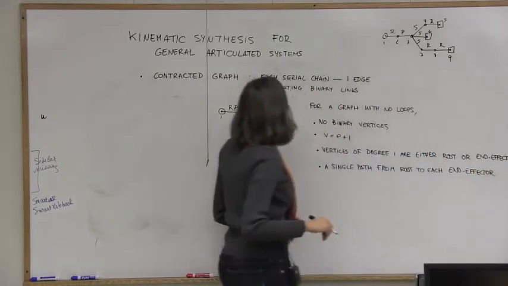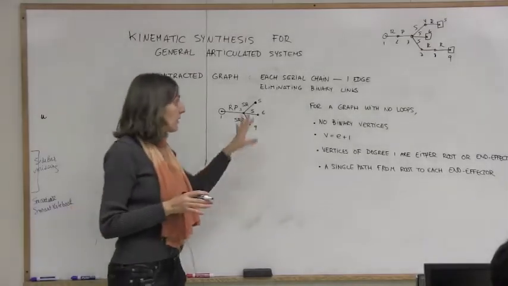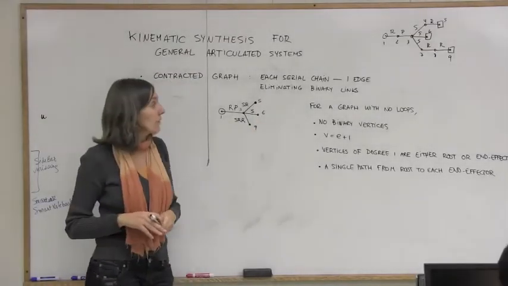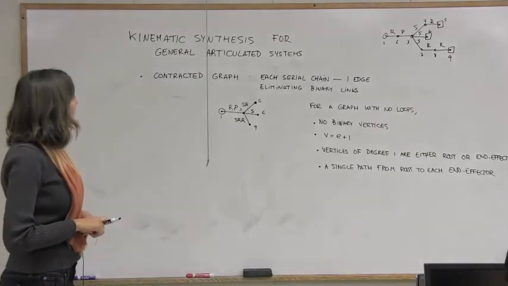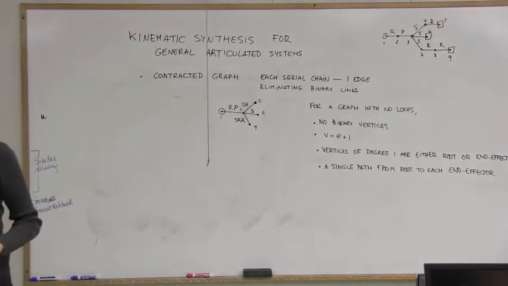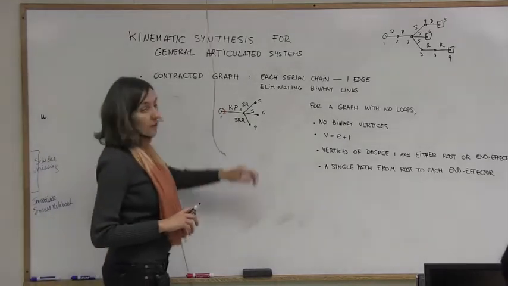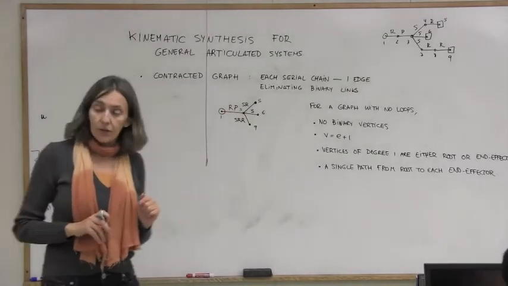Now, as I said, we are assuming that we don't have loops, and that's something we accomplish in a different step, and we will talk about that maybe next day. But basically this is our contracted graph, and that's pretty much all that we need to say. So once we have it in this form, we can write the forward kinematics for this.